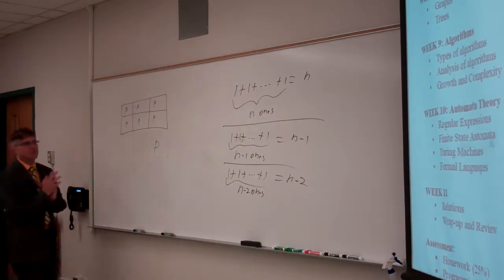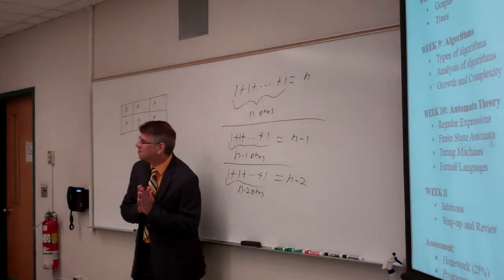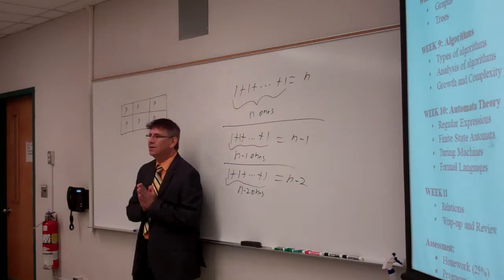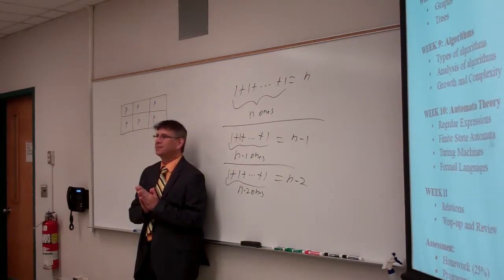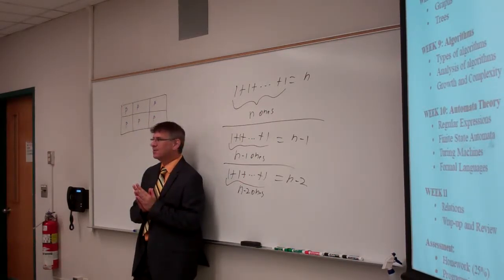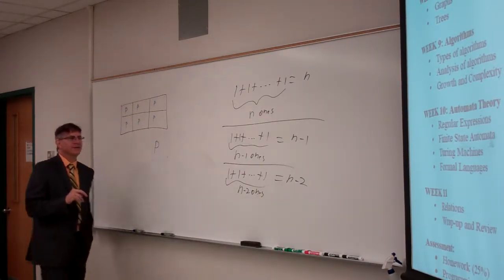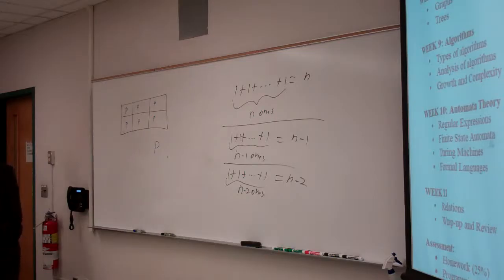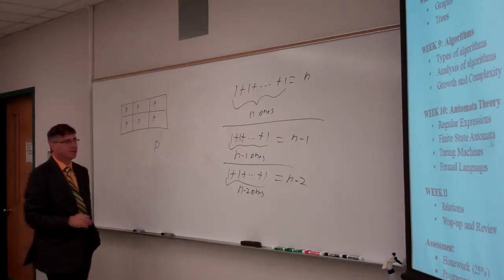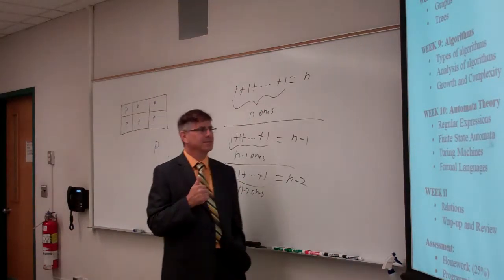And then we'll probably end with automata theory, which is basically a study of computation. Theories of computation, theories of languages. If anybody's familiar with Alan Turing or saw The Imitation Game last year, we'll talk about Turing machines. State machines, which we've done in 250, or you will do in 250.